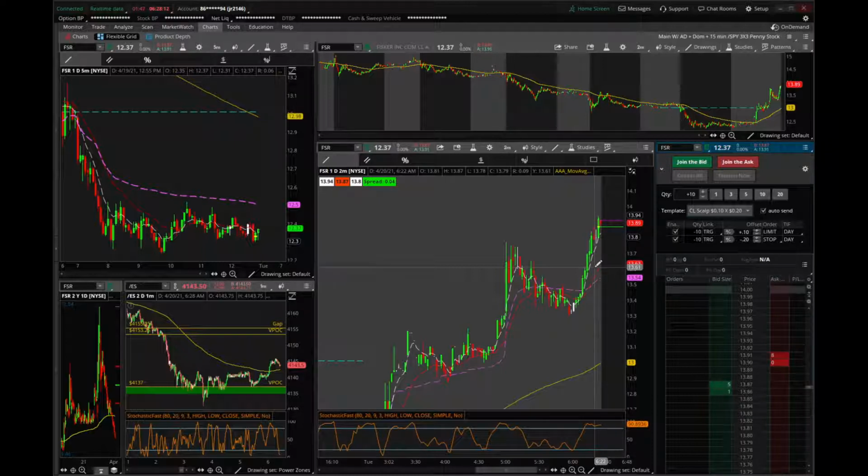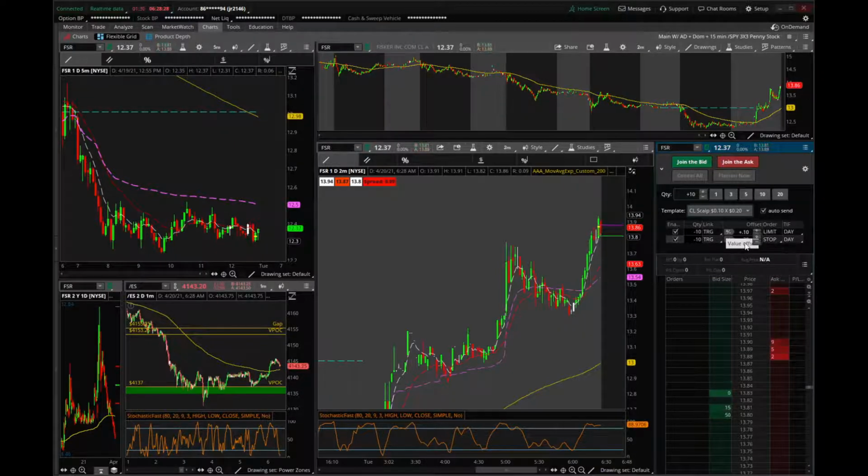I'm not looking for big moves. A lot of my trades, you'll see I have a bracket where I'm looking for a 10-cent target with a 20-cent stop loss. And my trades are usually pretty good.